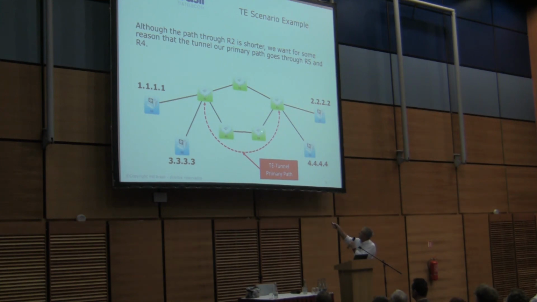So the tunnel is established, and the primary path is defined here. In case of failure of some router, then this other path will be used. So this is the scenario that we are running here.